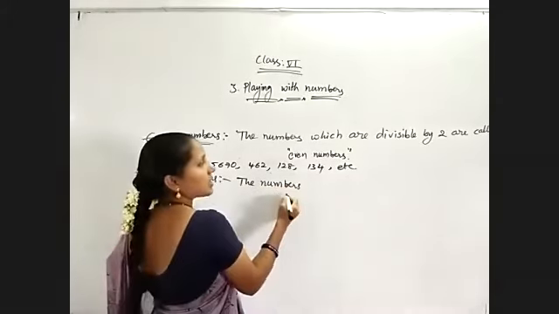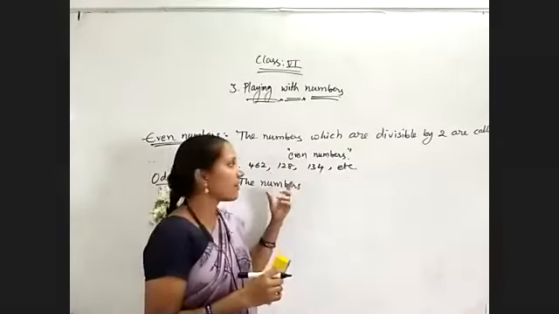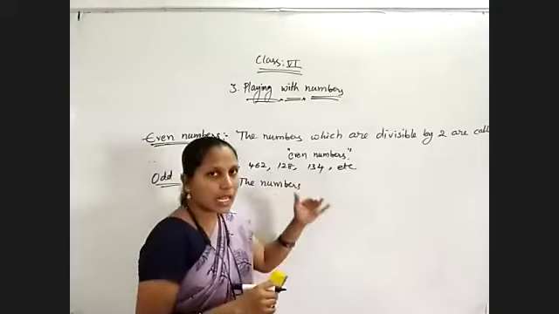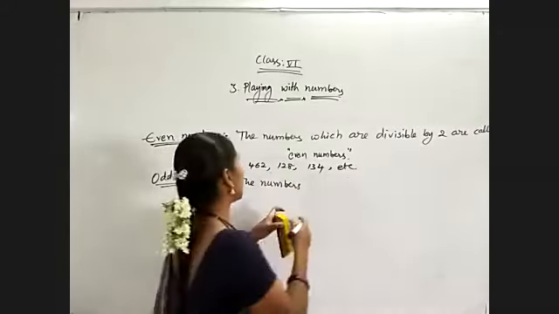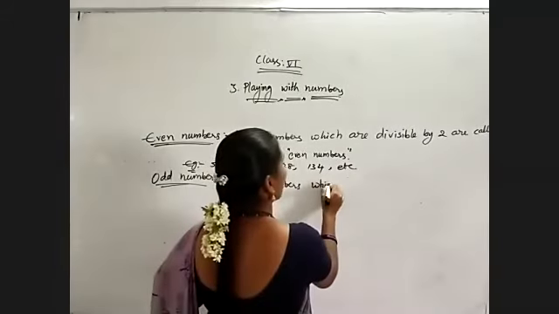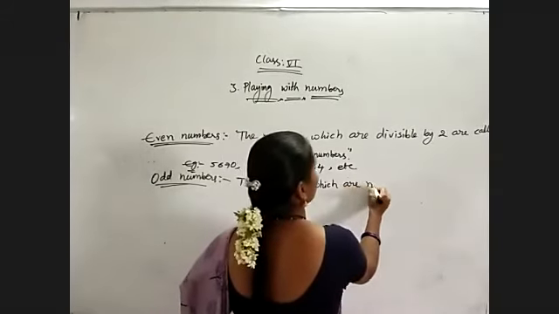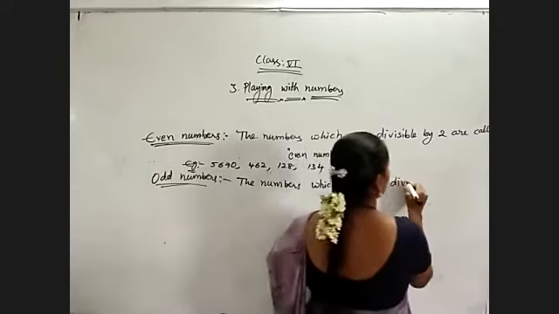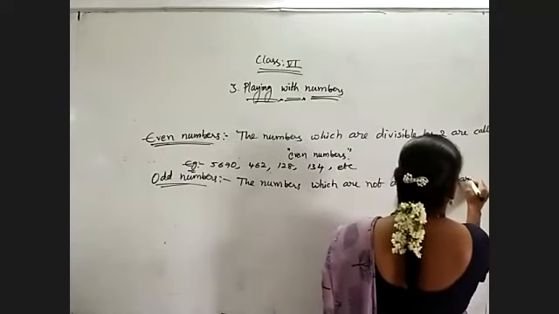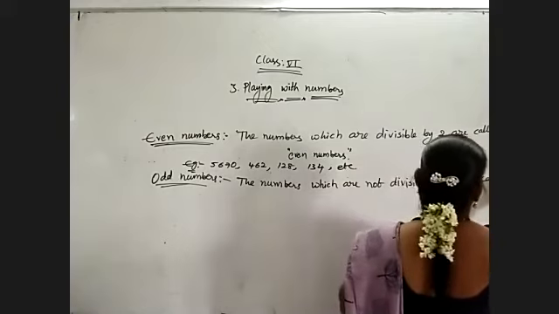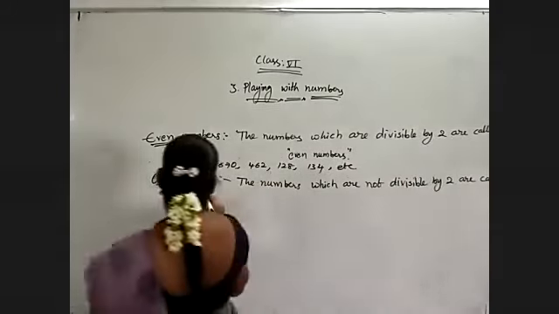That means when we divide by 2, they all leave the remainder 1. Such numbers are said to be odd numbers. The numbers which are not divisible by 2 are called odd numbers.